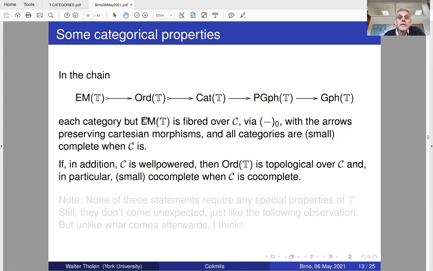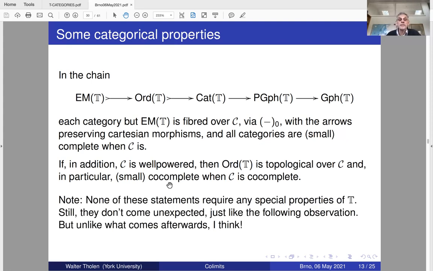We saw that in at least one example, for the ultrafilter monad, we got topological spaces over sets. And of course, that's not just a fibration, that's a topological category. And you can establish this more generally when C is well powered. And in that case, of course, you can also lift co-completeness.